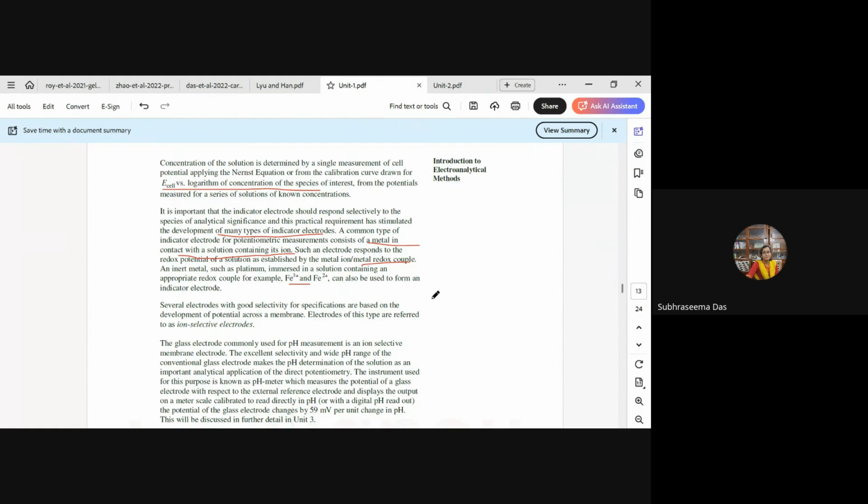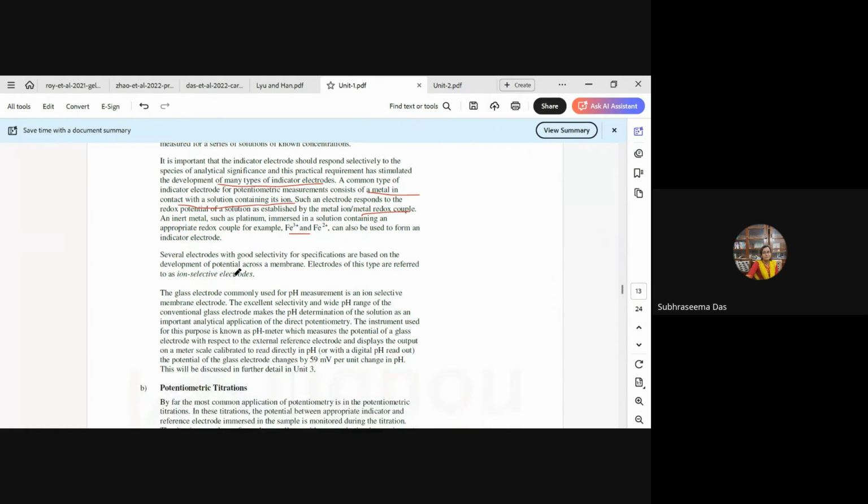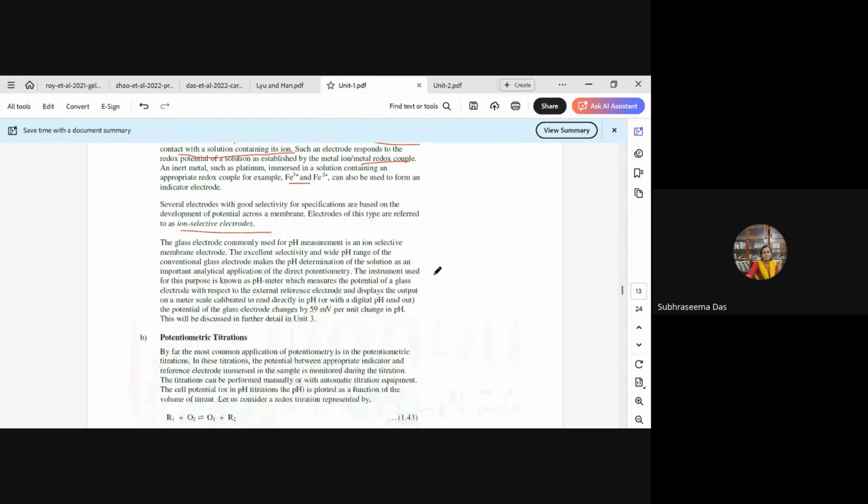Several electrodes with good selectivity for specific ions are based on the development of potential across a membrane. Electrodes of such type we call ion selective electrodes. The glass electrode is the most commonly used for pH measurements. It is an ion selective electrode.